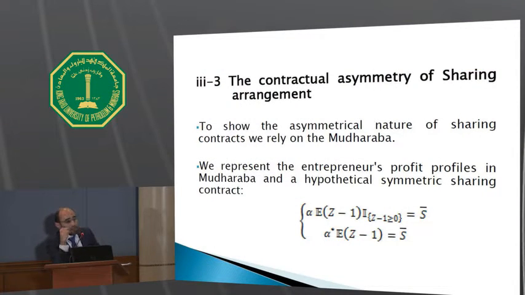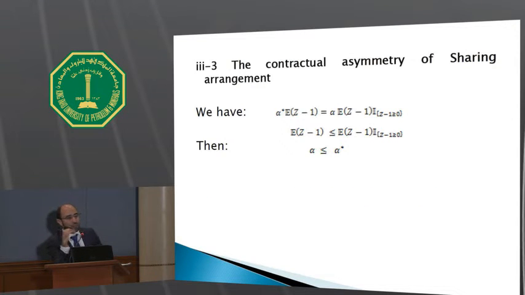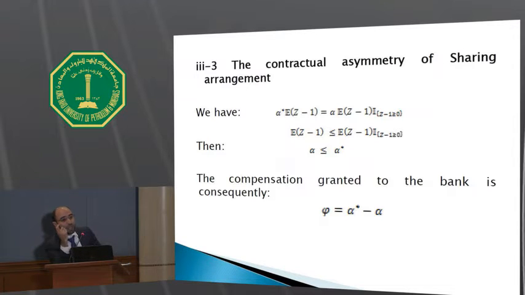And necessarily, the alpha of mudaraba, the profit sharing ratio of mudaraba, is less than the profit ratio of the symmetrical contract. We can show this in a very simple manner. And the difference between these two sharing ratios is what I call a quasi-default premium.